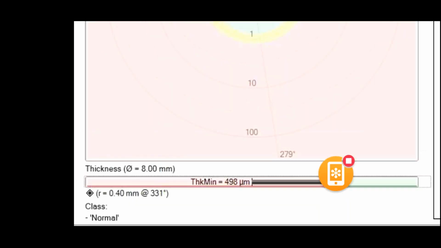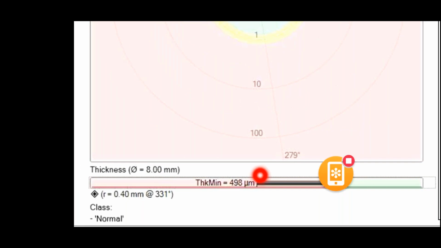And at the end over here, it is showing you the corneal thickness, which is about 498 microns, which is still on the green side, telling you it is normal. The R value, that's the angle kappa over here, and the offset at 331, it is telling you it is normal, okay?